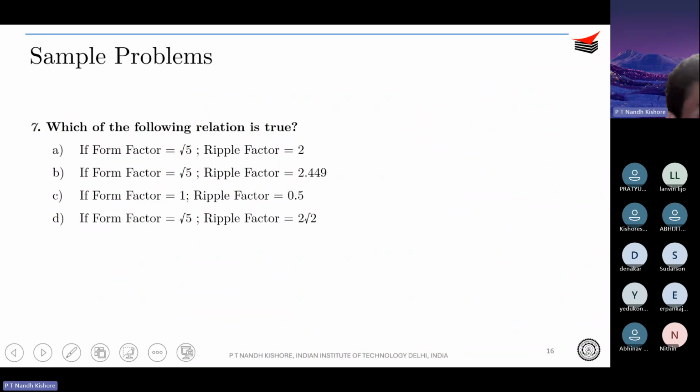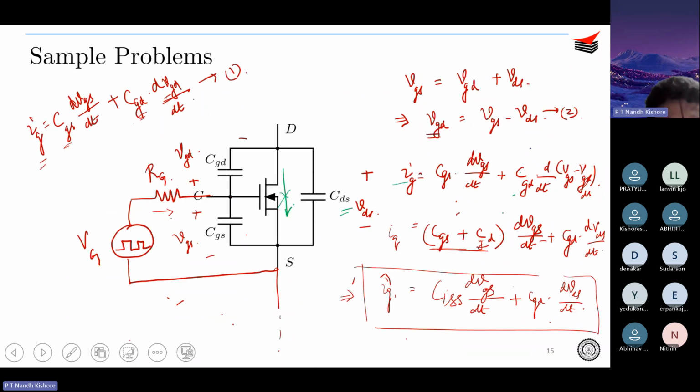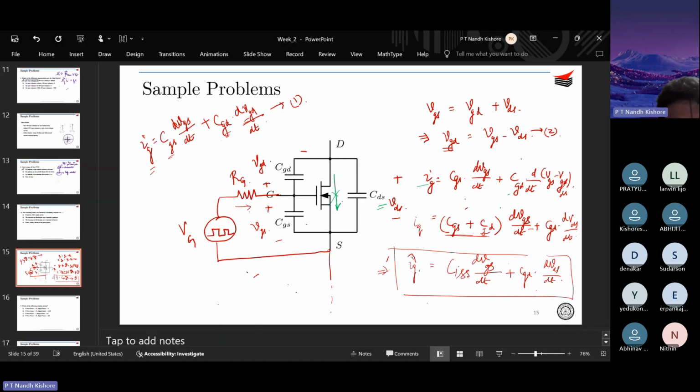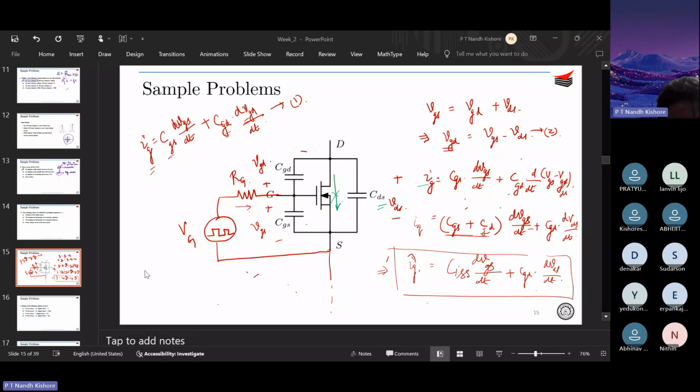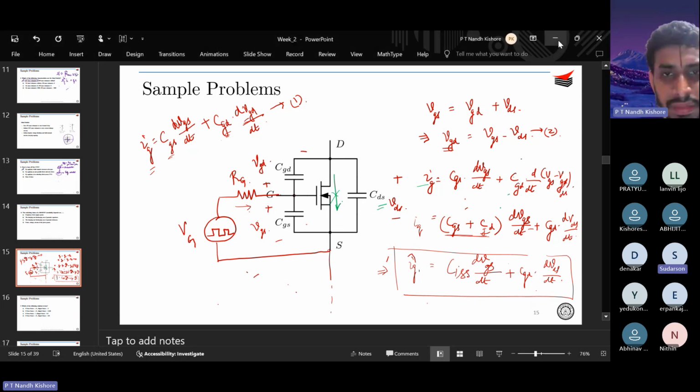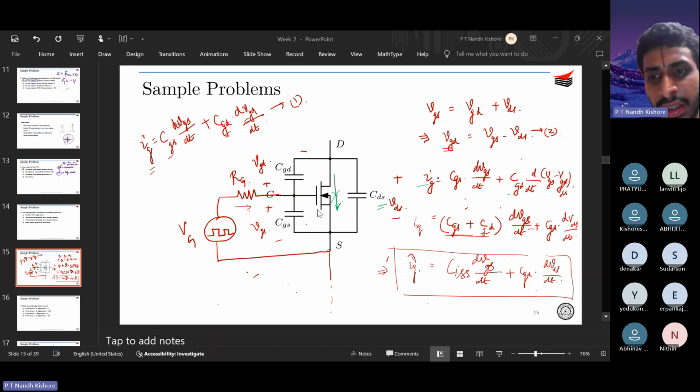Can anyone please answer me, if it's fine? Can anyone answer please if that was fine, till this point? Yes, fine till this point, sir. Okay. It should be minus CGD.